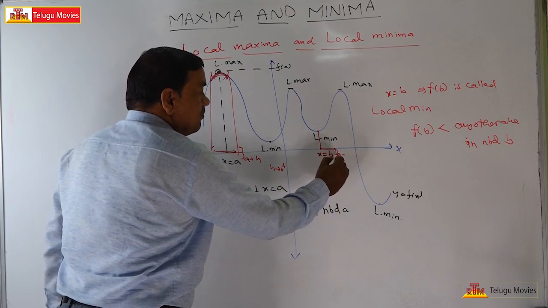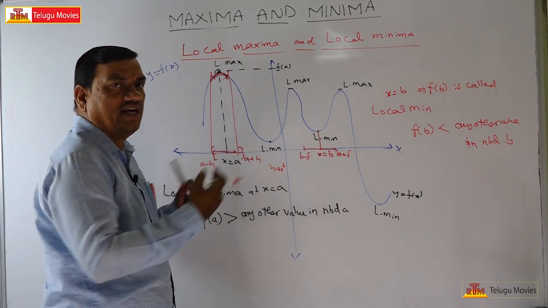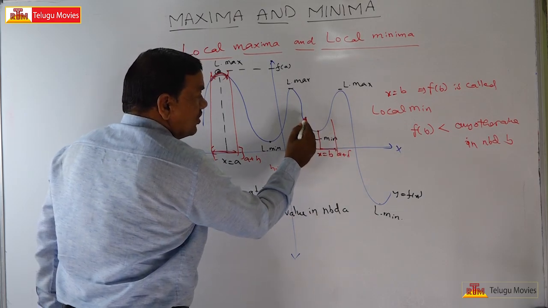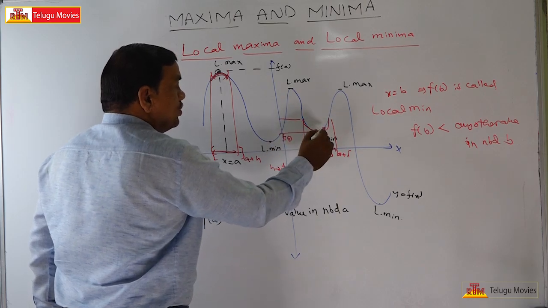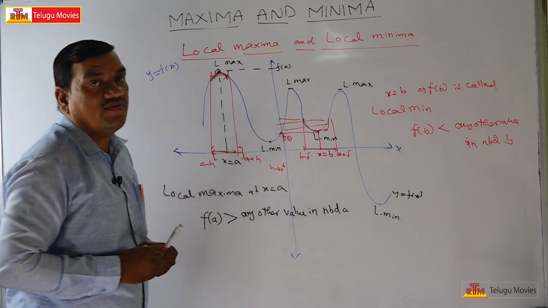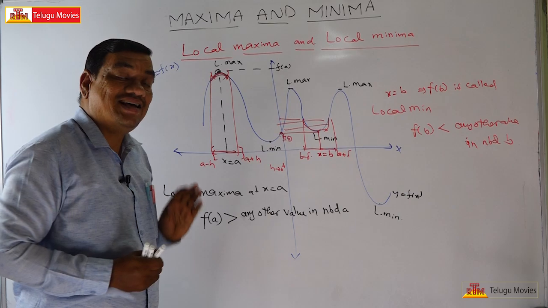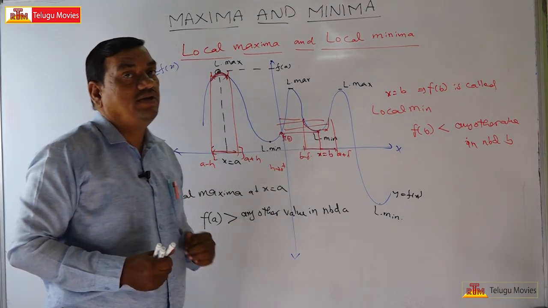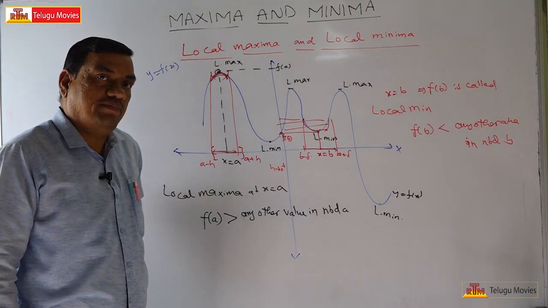See here, b plus delta, here b minus delta. There I took h, here I have taken delta. So this is the neighborhood of b. That means the f of b value should be less than any other functional value in the neighborhood of b. That is called local minimum.